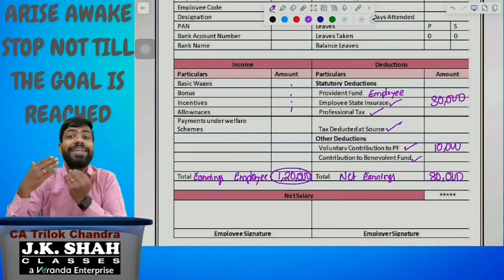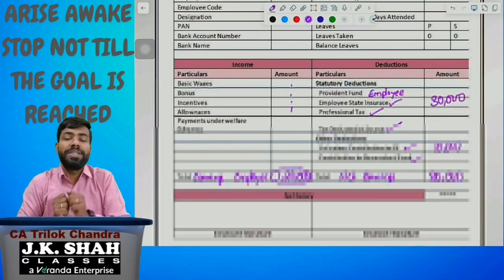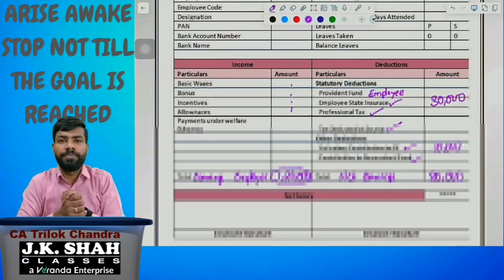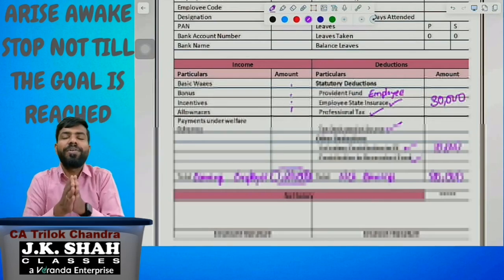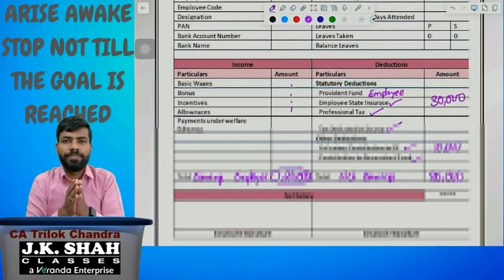Generally we call it the take home. The amount credited to the bank of the employee is 80,000, but the gross earnings or total earnings is 1,20,000. I hope you are clear on this. I hope you understand the difference between total earnings or gross earnings and net earnings.